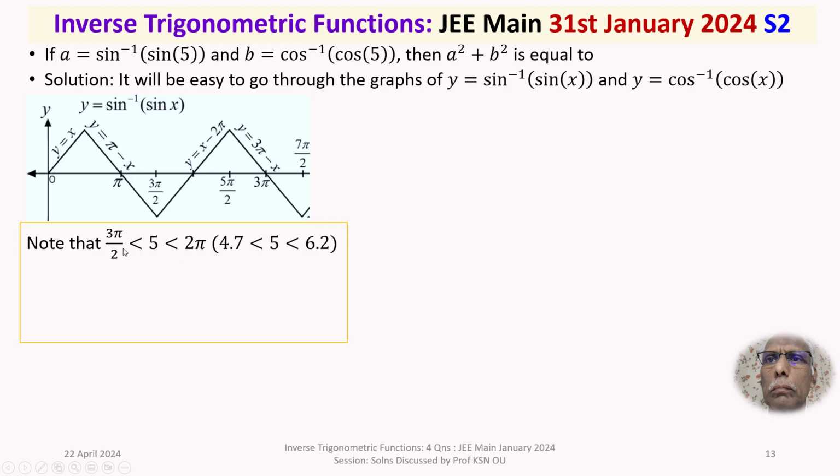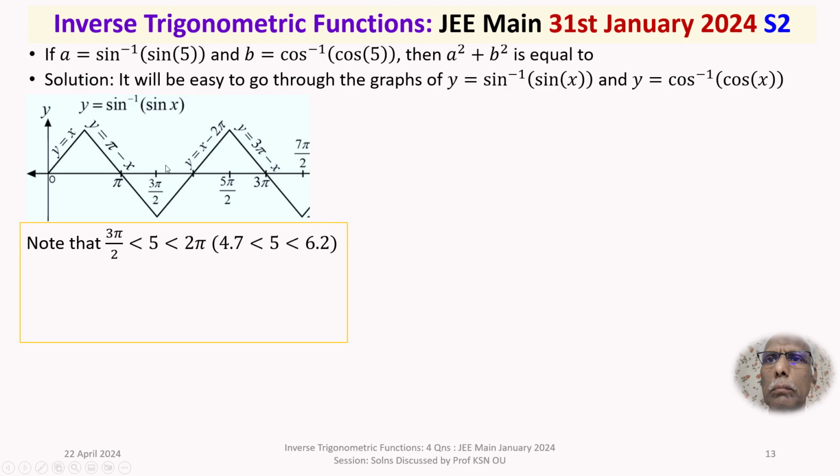Now, you observe that 3 pi by 2 is less than 5 is less than 2 pi. Why? You take the value of pi and substitute. You will get 4.7 is less than 5 is less than 6.2. That means it is close to 3 pi by 2 on the right hand side.